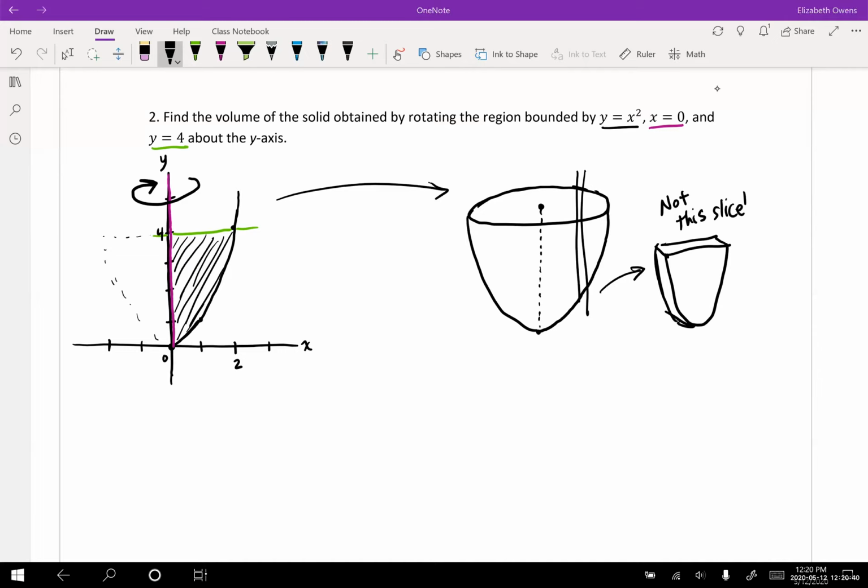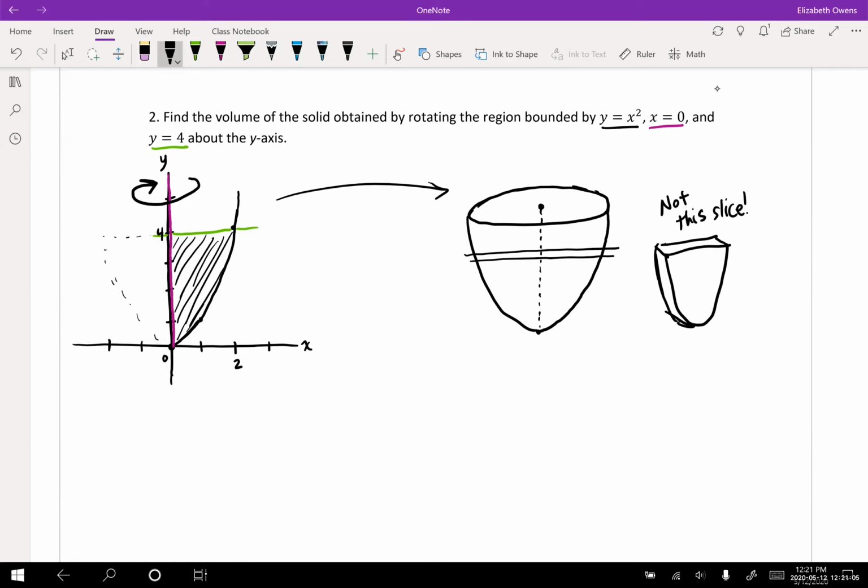We want something that we can actually find the area of more easily. So we are going to slice this the other way. We are going to take our knife, our sharp knife here, and we're going to slice this bowl-shaped object horizontally, like so.